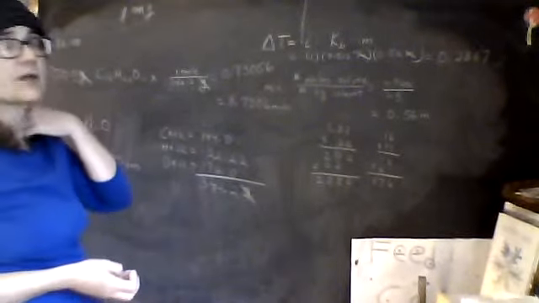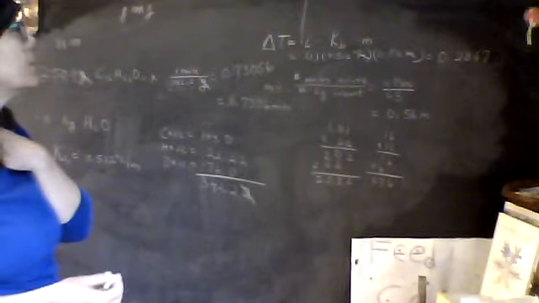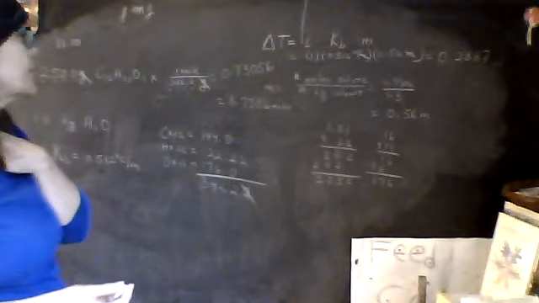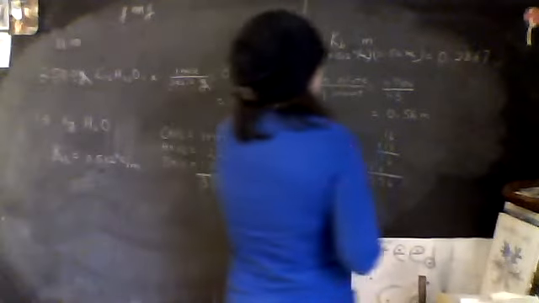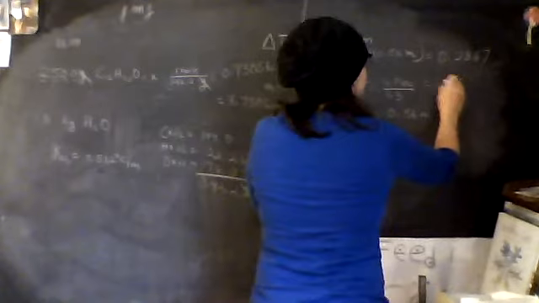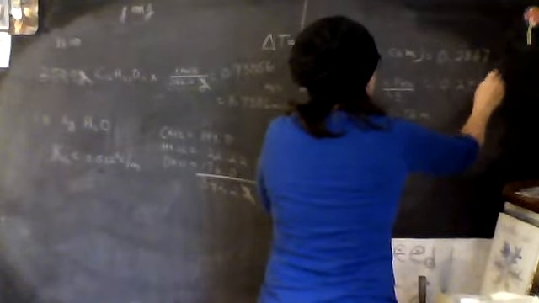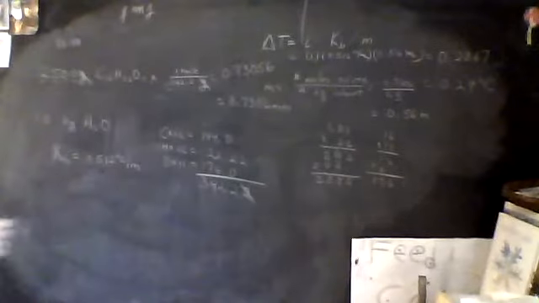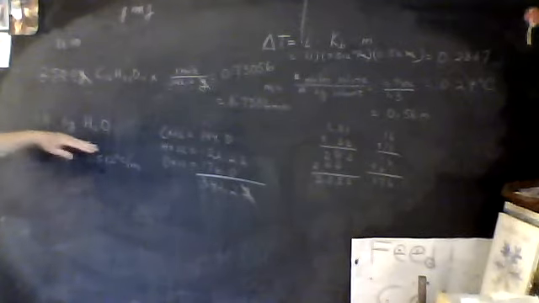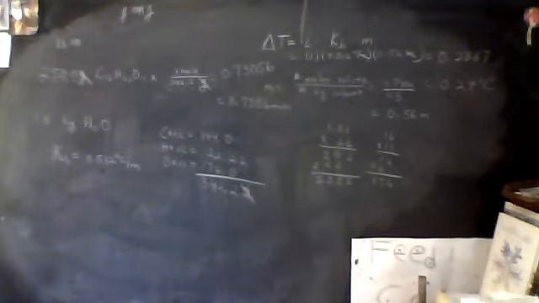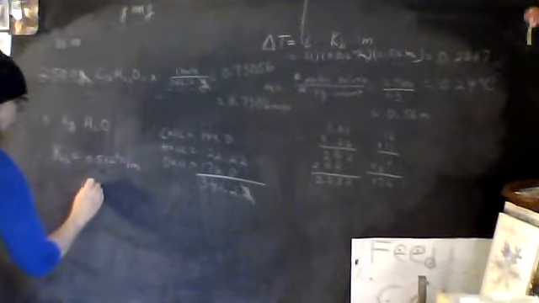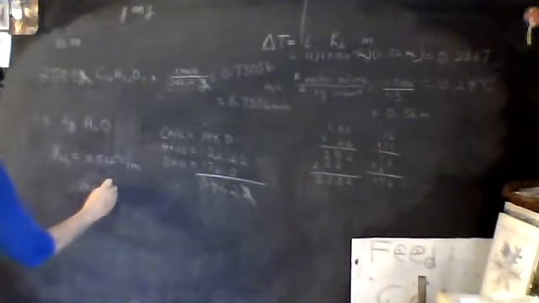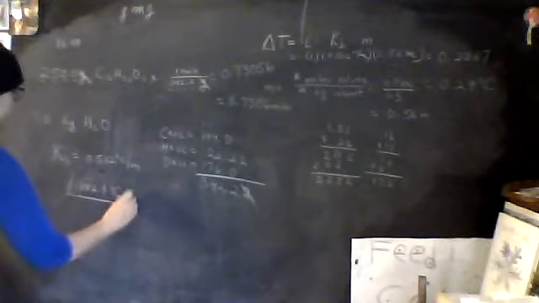How many significant digits do we want to have? 2, because of 0.56, right? So that's 0.29 degrees C. Okay, so let's go back to our solvent. What is our solvent? Water. So we don't need to be told what its boiling point is. It's 100 degrees Celsius. So the answer is 100.29 degrees Celsius.